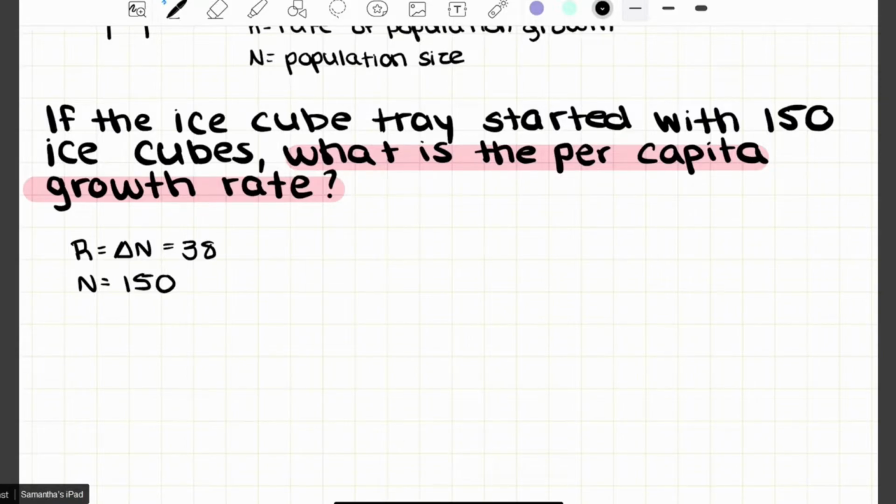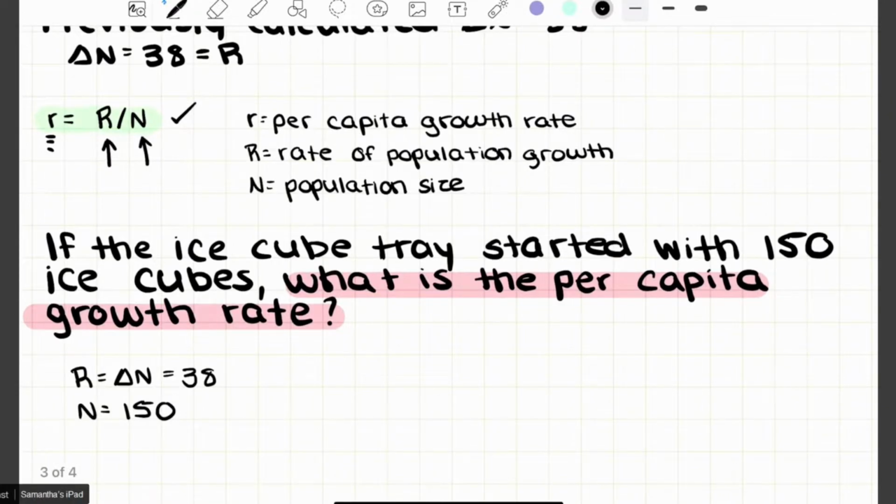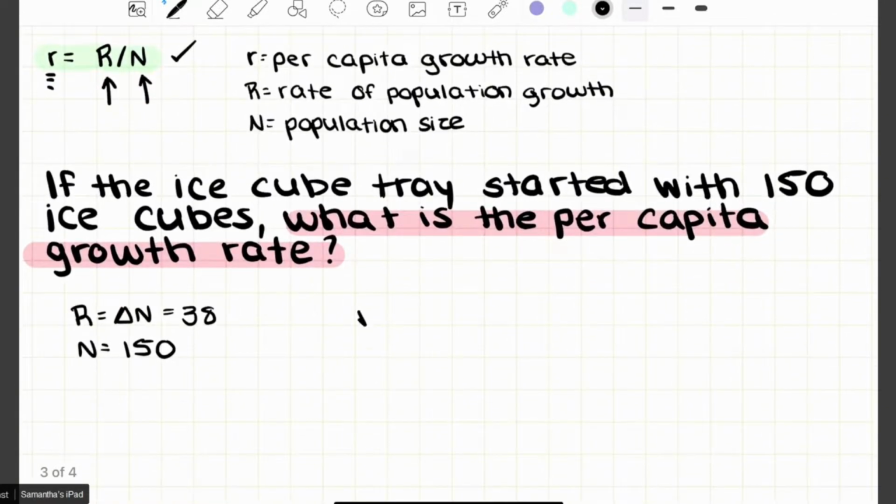If we look at our equation up here, we are only missing one variable, which is the per capita growth rate. So we have all the information we need, and we can just plug that in. We do 38 divided by 150, and you should get roughly 0.253.